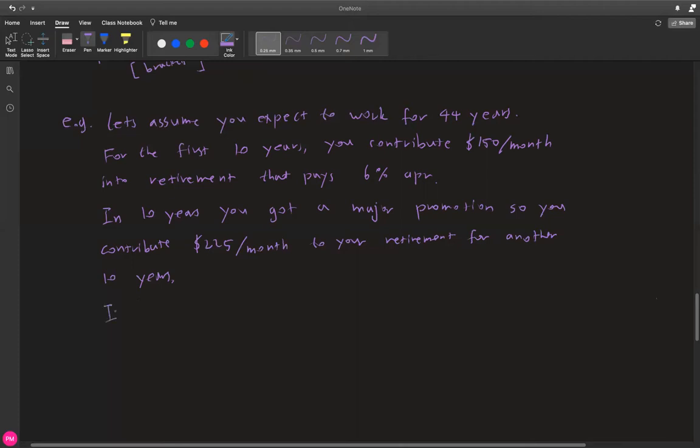In another 10 years, you received another promotion, and I'm going to omit all that language because it's the same thing. You contribute $350 a month.